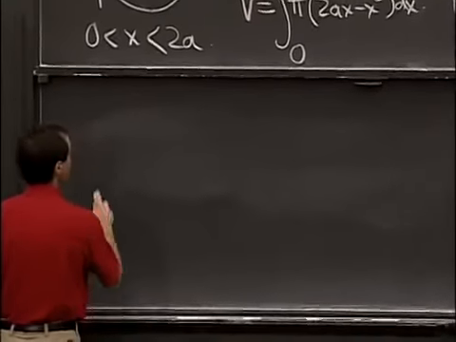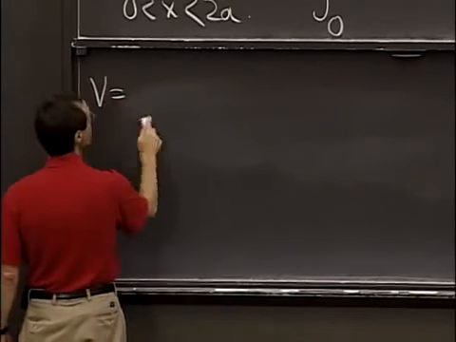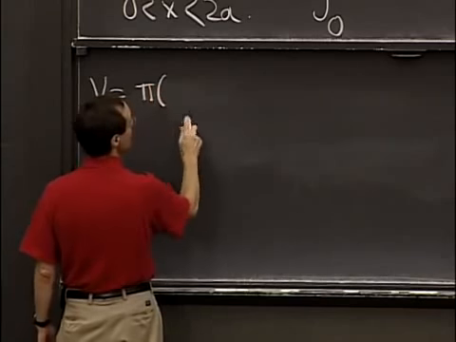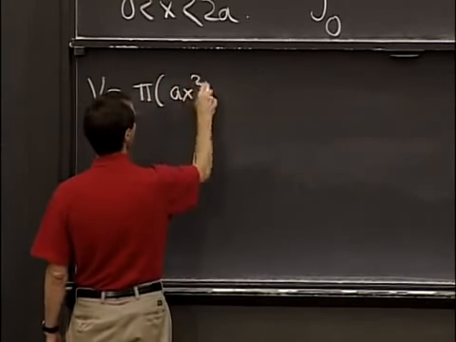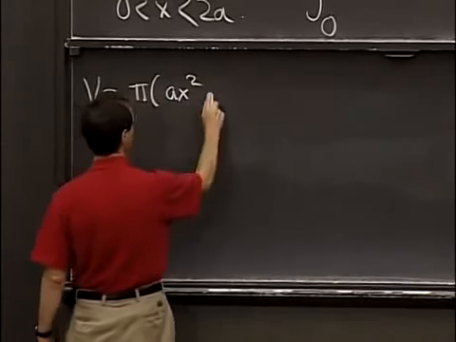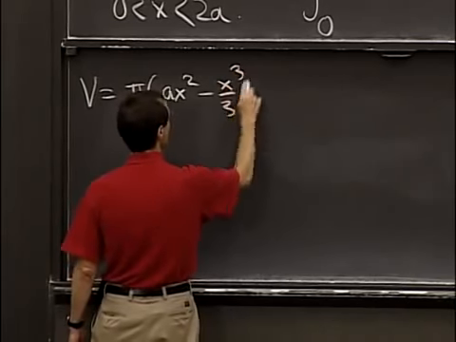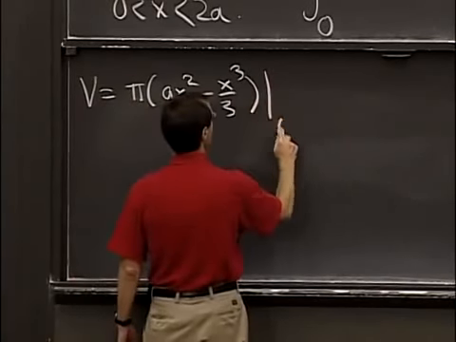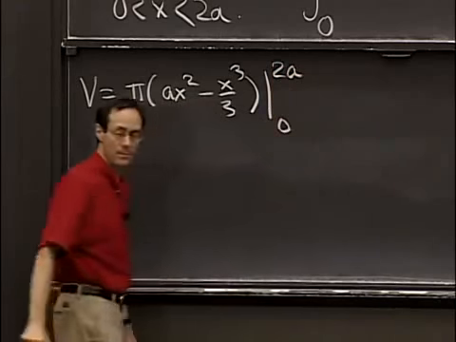All right, so let's just finish it off. We have the volume is, if I take the antiderivative of that, that's pi times ax squared, whose derivative is 2ax, minus x cubed over 3. That's the thing whose derivative is minus x squared, evaluated at 0 and 2a.